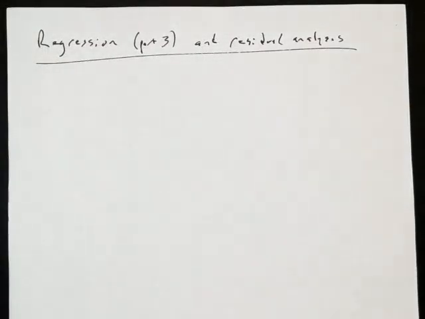Notice that as I go from left to right, sometimes the predicted value is above, sometimes the predicted value is below. If I go back and look at my residuals, I can see that some of them are positive, some of them are negative.